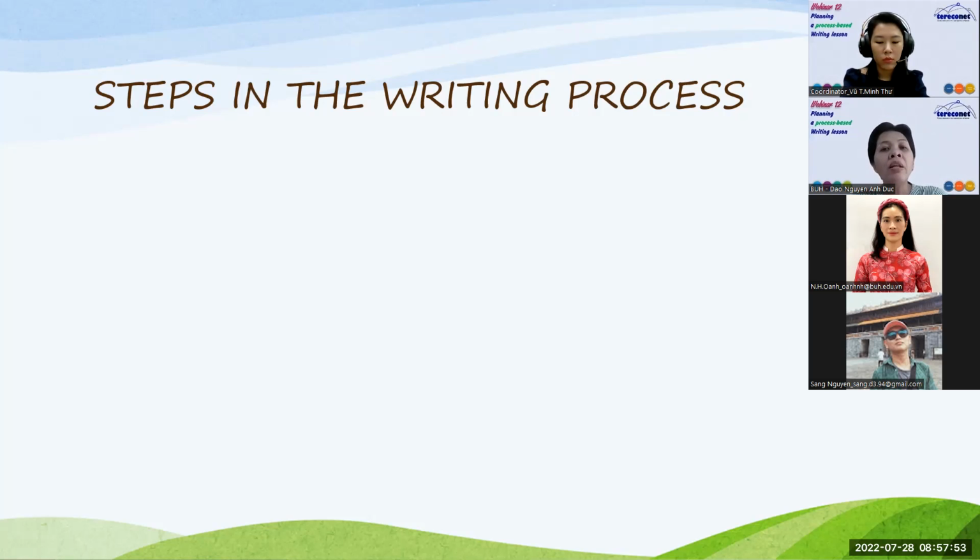Yeah, so I think the biggest problem is that stage. Because when we have the writing process, the students will have to go through all the steps, and we monitor them and provide prompt support in all the stages.